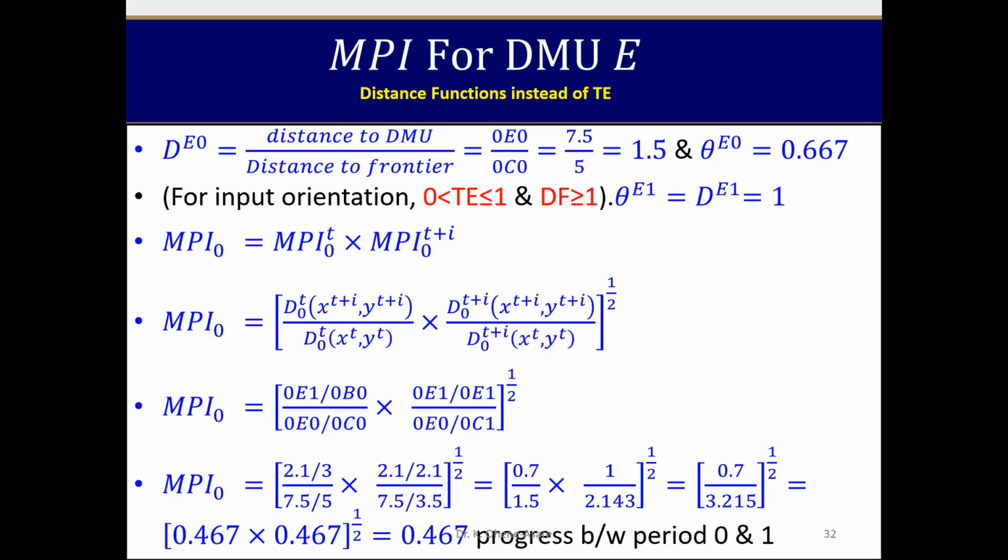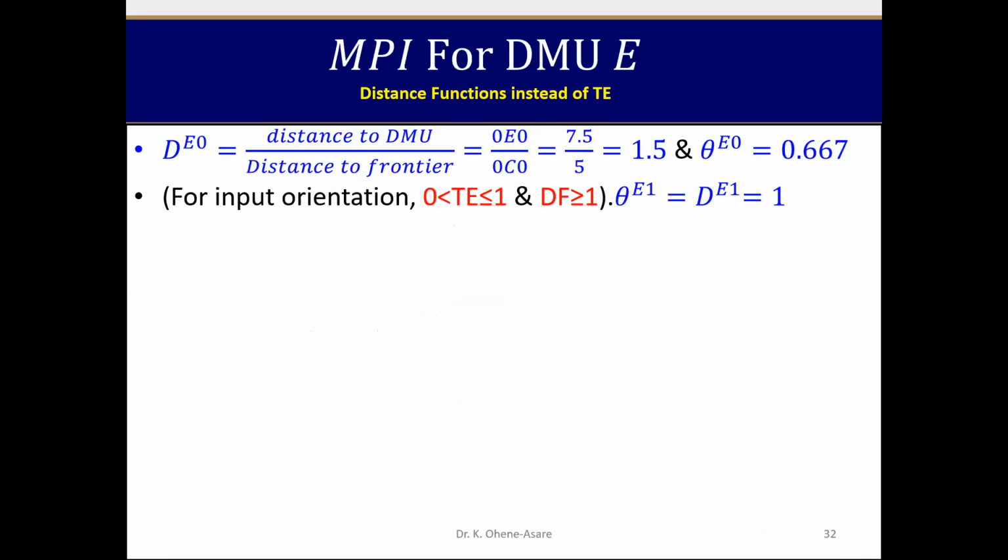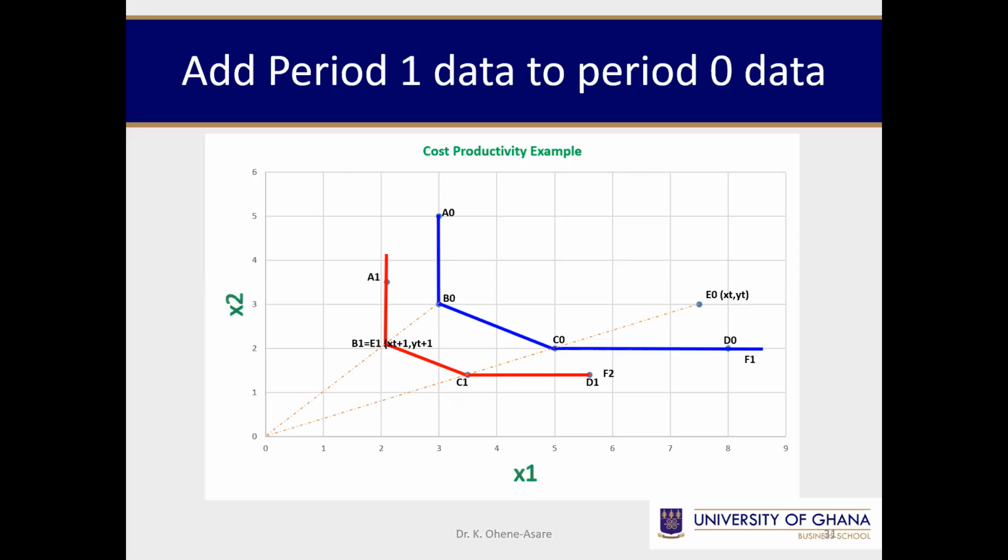For example, have you seen DMU C? DMU C was efficient in year 0. It was also efficient in year 1. So you might think that DMU C is always among the top class guys. But the question is whether it has changed, whether it has increased productivity.